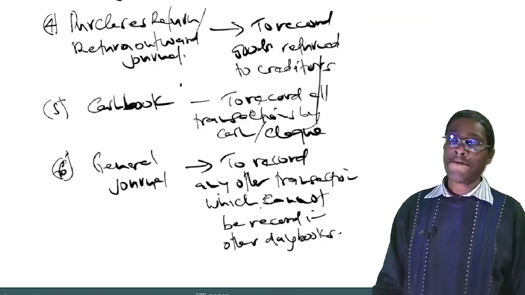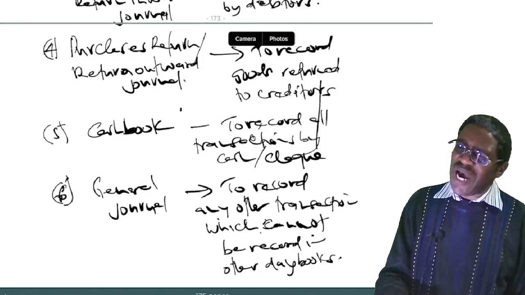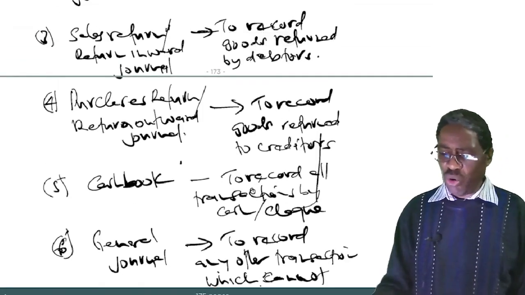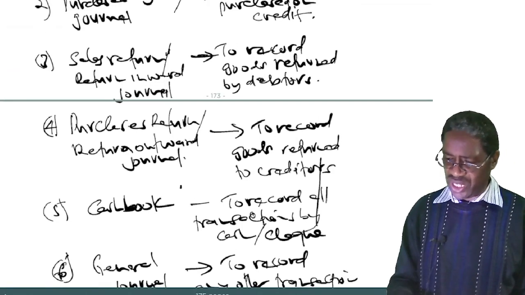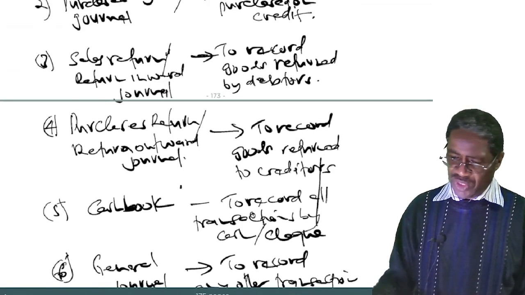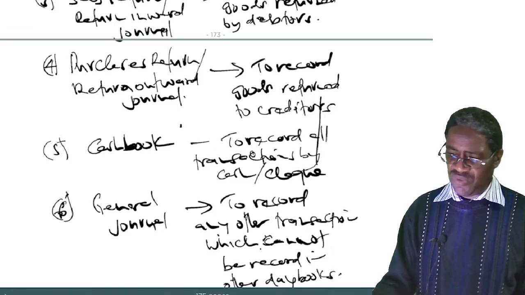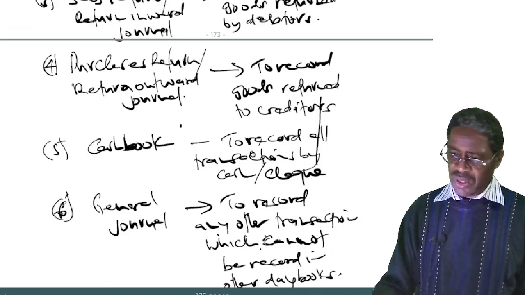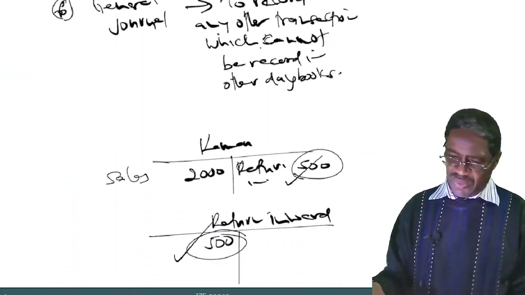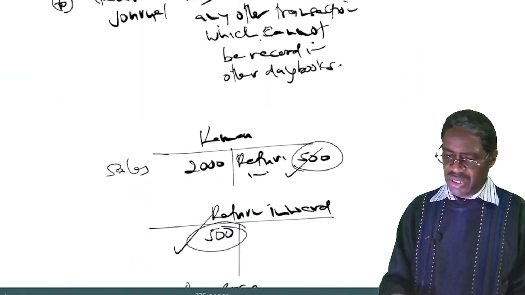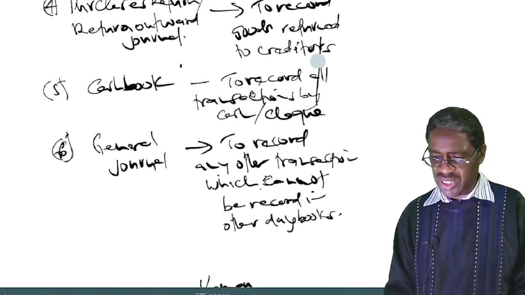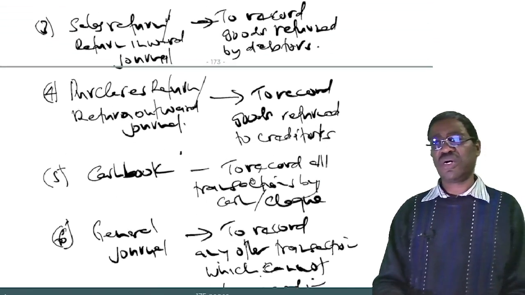Listen. If you commit an error in the recording of transactions, let me say, just a minute. Just a minute, what's happening here? Okay, let me just delete here so that it doesn't mess up your view.